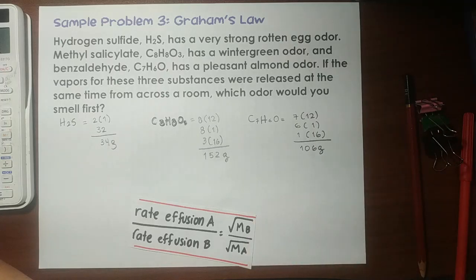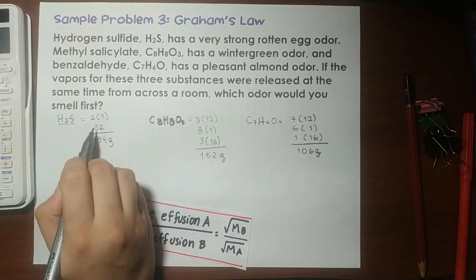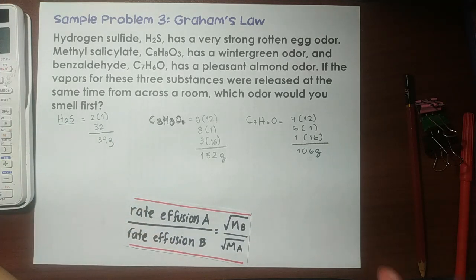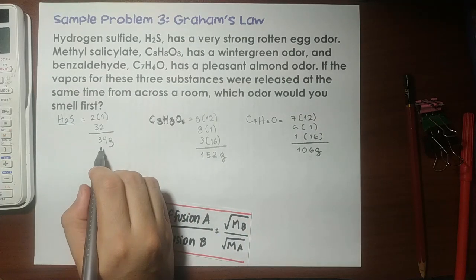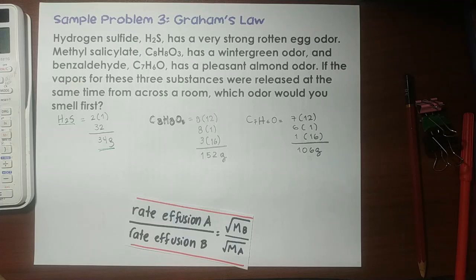So my first gas is hydrogen sulfide. I have 2 hydrogens and 1 sulfur, which the mass is 32 rounded. So the total mass of hydrogen sulfide is 34.